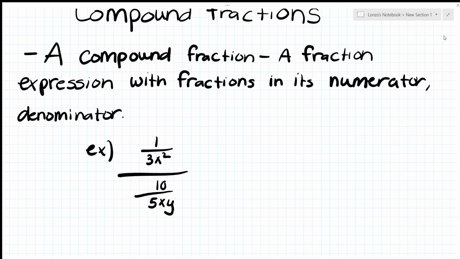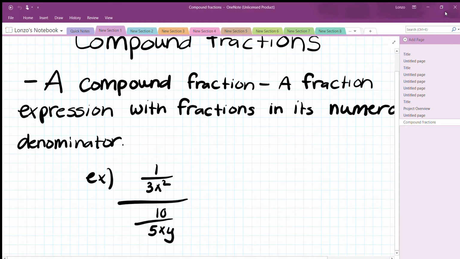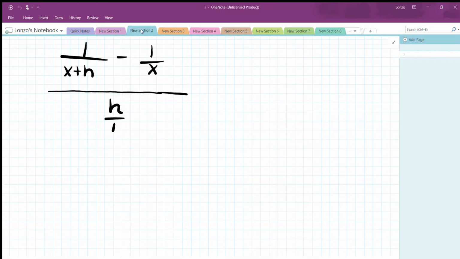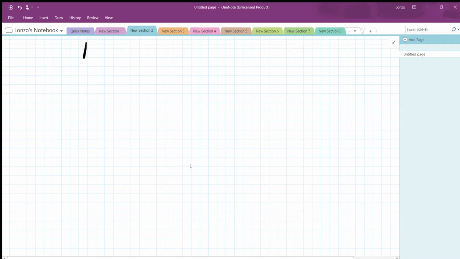So let's actually do some problems. My first one, let's do a simple one: 1 over x divided by 5 over 25.